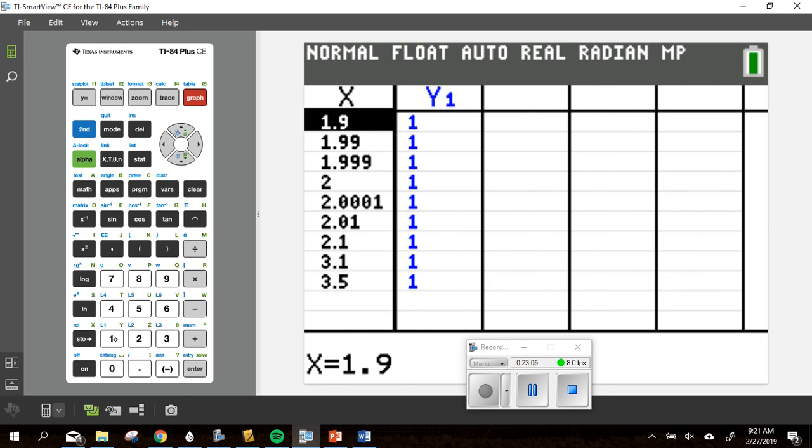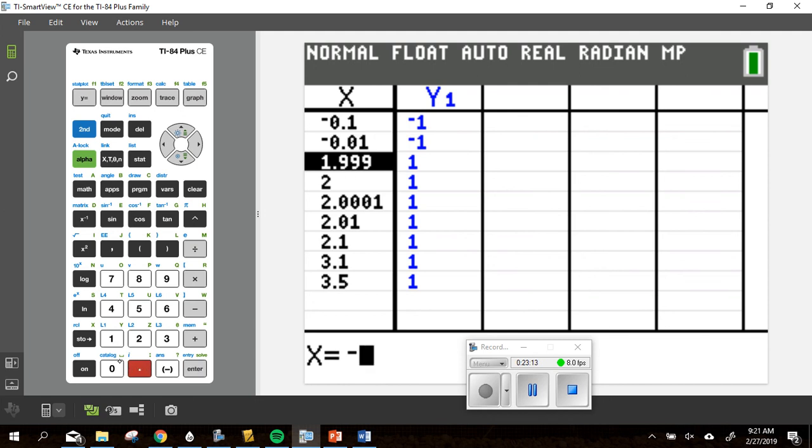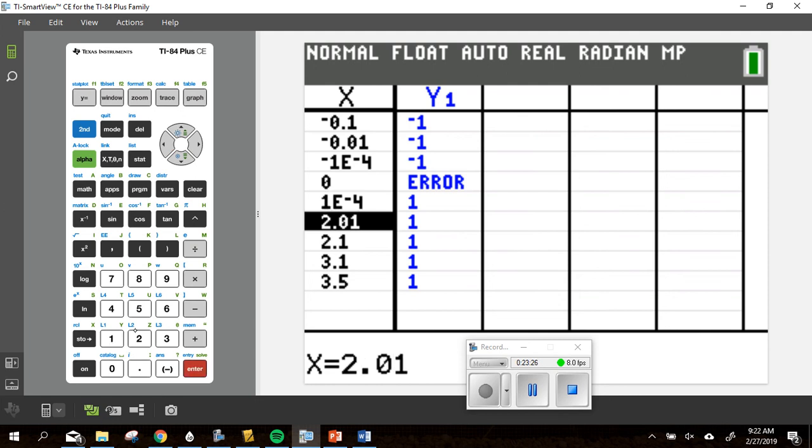So I would be like negative 0.1, negative 0.01, negative 0.0001, and I'd want to plug in 0, and then 0.001. Just plugging in numbers all around.